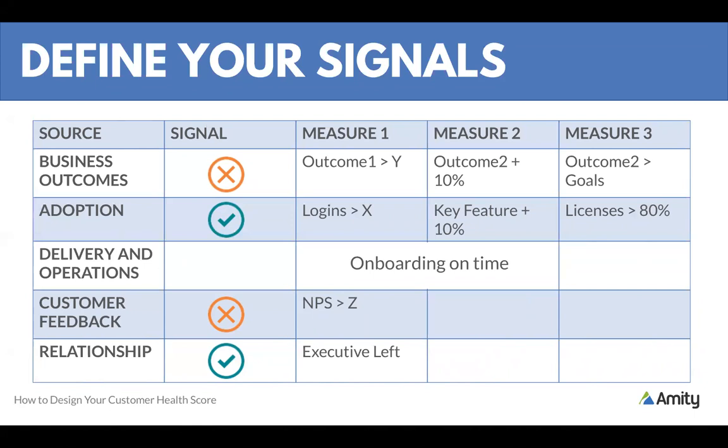Okay. So this is really the heart of designing your health score. This is where it comes into action. What are the signals you want? What types of signals? Outcome signals, adoption signals, relationship signals, and then what data do you have that will help you detect that signal? Okay.